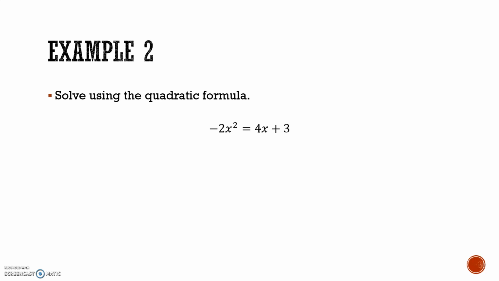I need everything on the same side, and it doesn't matter if your a is positive or negative, but like I said, I like to have it be positive, so in this case, I'm going to move the 2x squared to the other side. Okay, now my a is 2, my b is 4, and my c is 3.